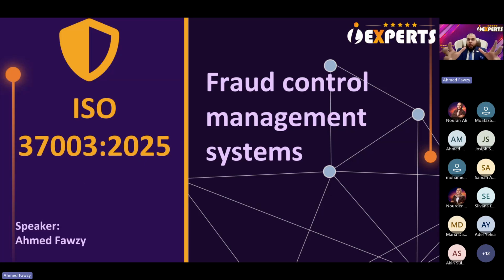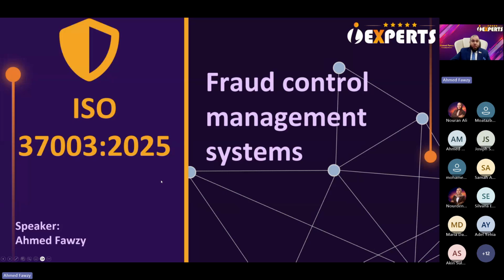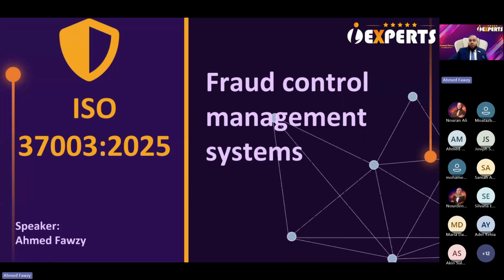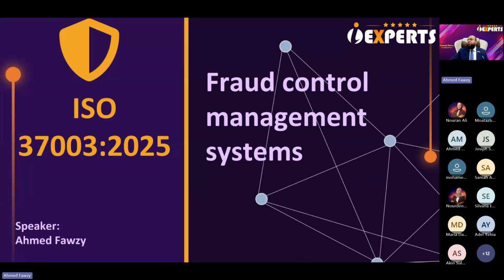It contains the guidelines, the plan, do, check, act for the management system, and makes sure that you have an active, in-place and effective management system that will help the organization detect fraud at a very early stage, before it becomes a risk to the customers or the business itself.